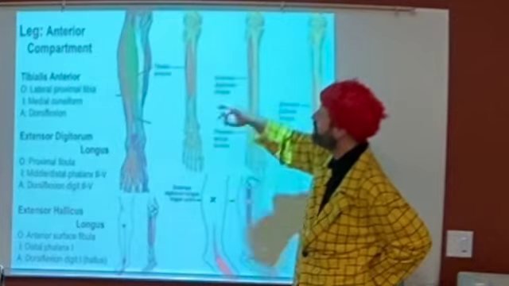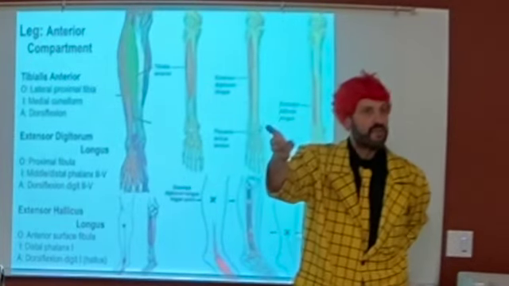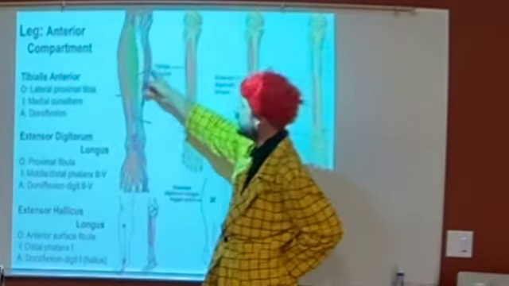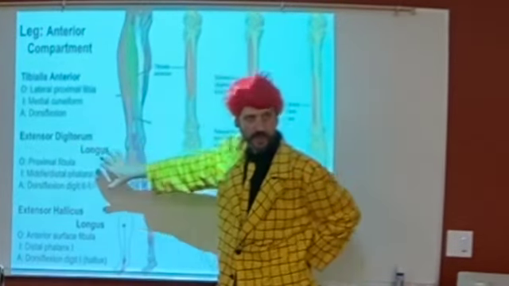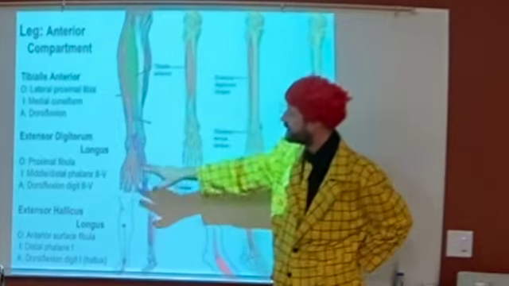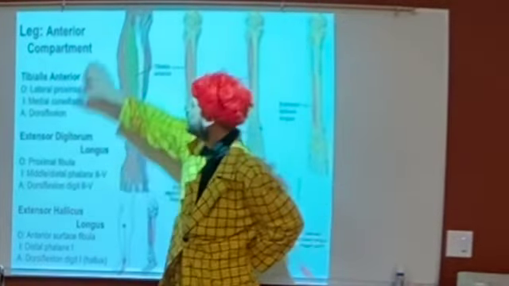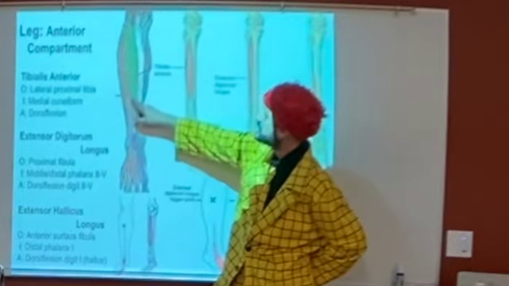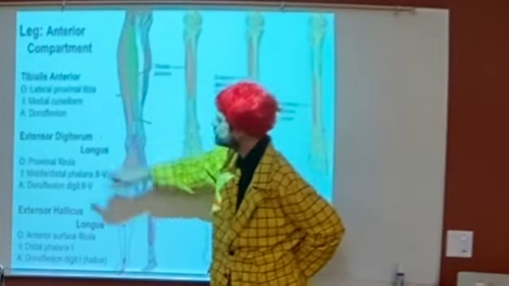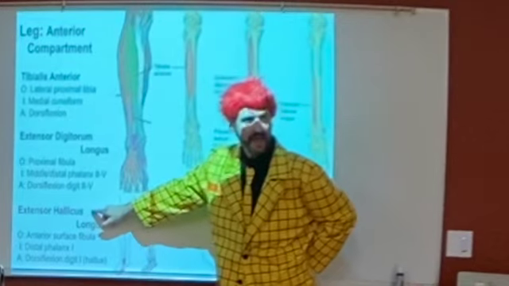And then in the back, we're going to have an equivalent posterior one, tibialis posterior. But then we have two more that go to the toes. They're both called extensors, the ones that lay on the front here, the anterior compartment. One is the extensor digitorum, and one is the extensor hallucis.